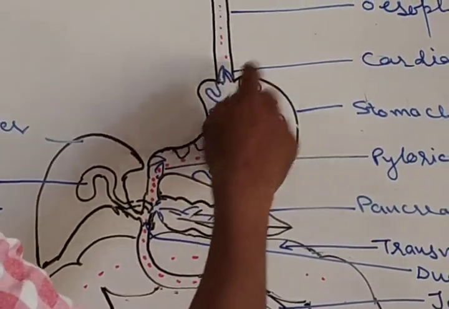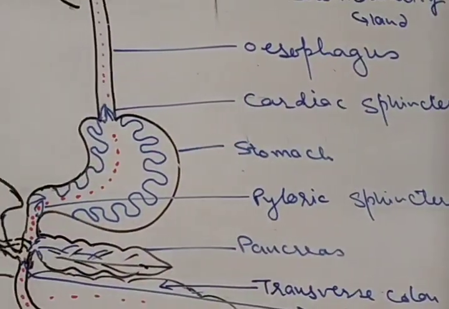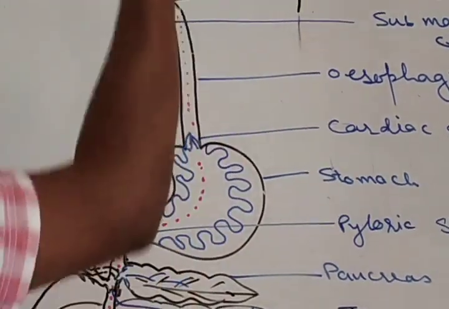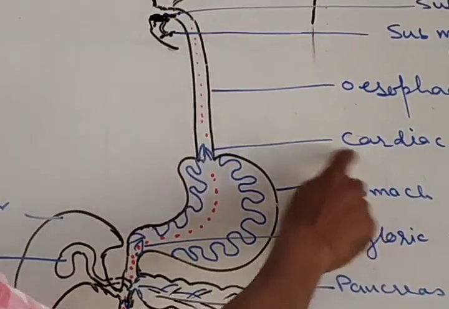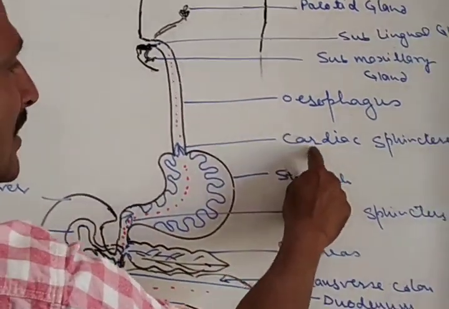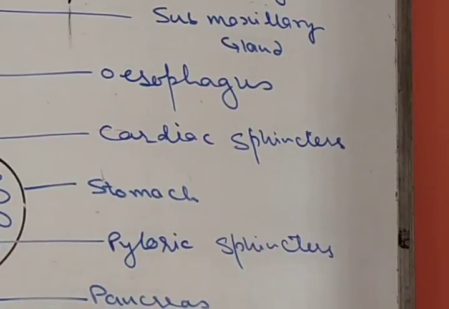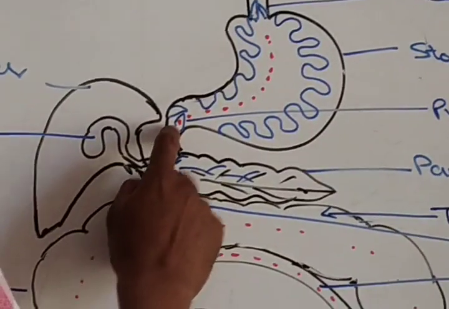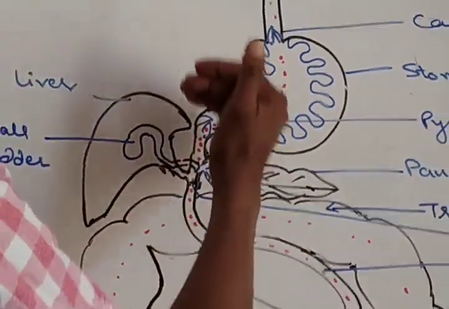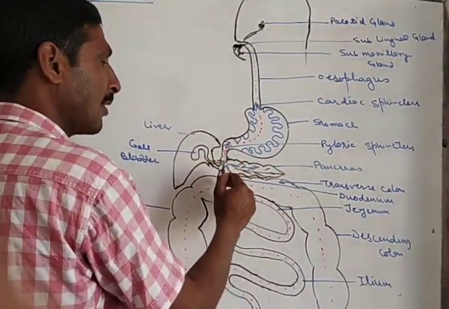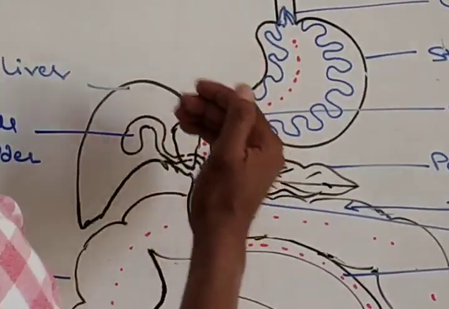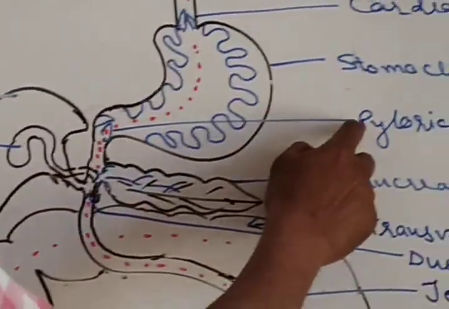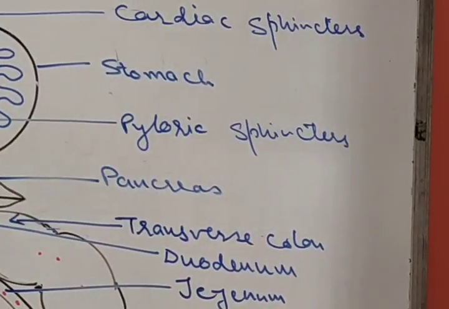At the opening of the stomach, there are sphincters, just like doors, which prevent backflow of food into the esophagus. These doors are called cardiac sphincters, while the same doors are present at the pyloric end, which prevent the unnecessary flow of food into the small intestine if food is under the process of digestion. These sphincters are called pyloric sphincters.